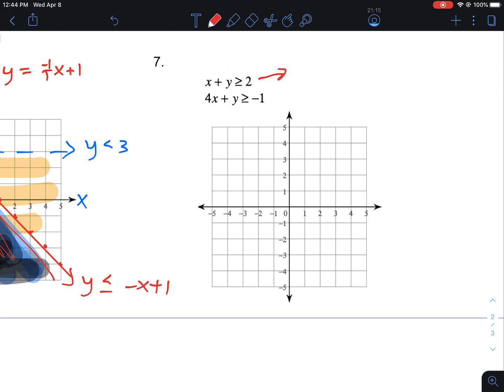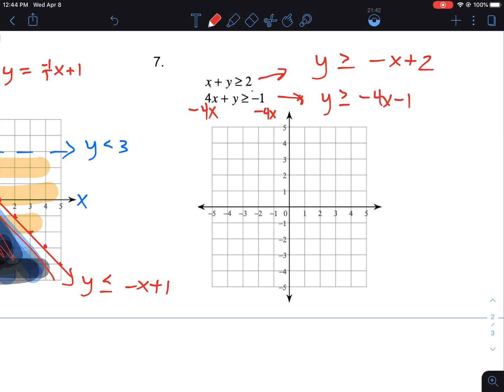So starting here, if I were to subtract x from both sides, I would have y is greater than or equal to negative x plus 2. That's how I'm going to type it into Desmos. And similarly, if I subtracted 4x here, I would have y is greater than or equal to negative 4x minus 1.